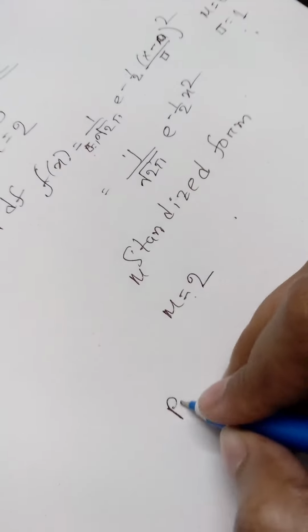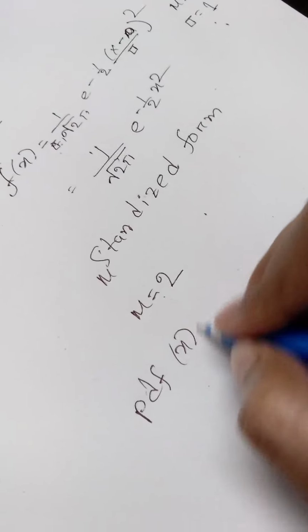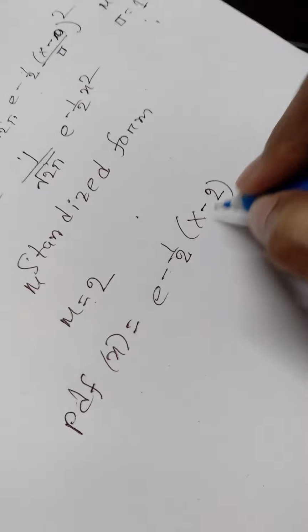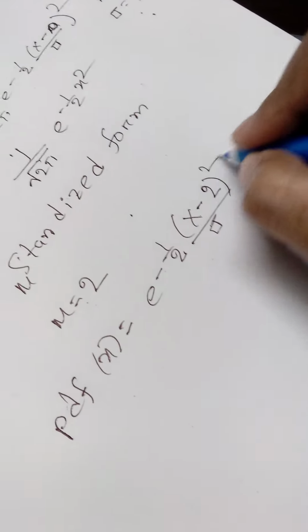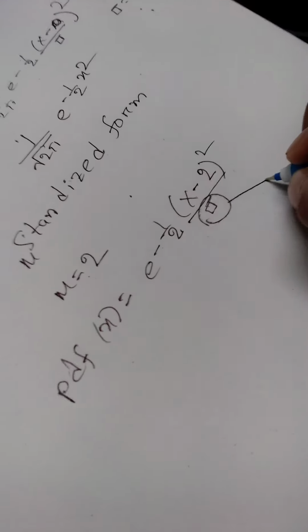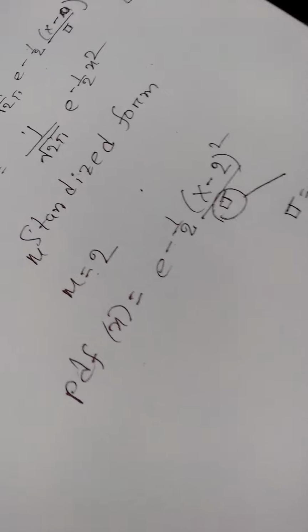you can write the PDF function of x as e to the power minus half, x minus mu over sigma, squared. For the location model, we are not dealing with the sigma parameter, because sigma is a scale parameter. For our lesson, sigma is not our concern.